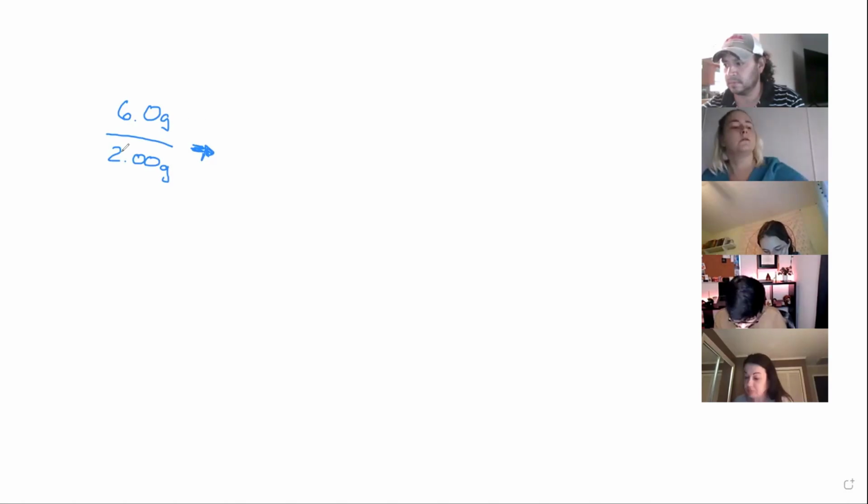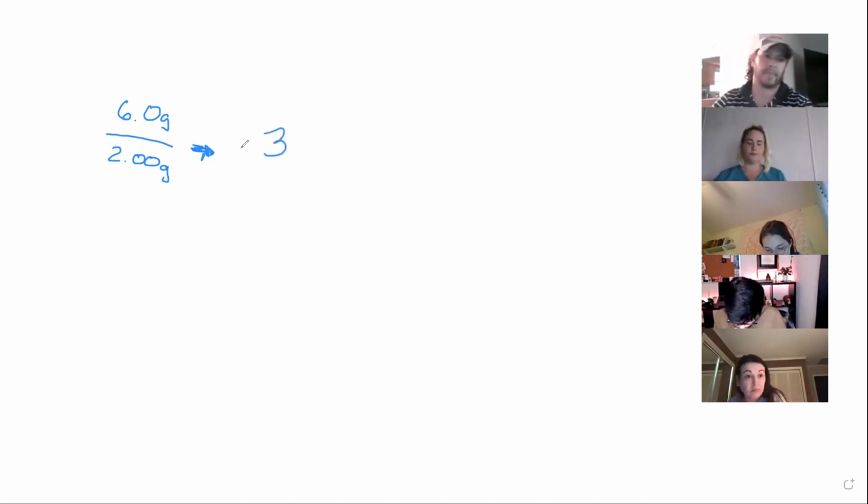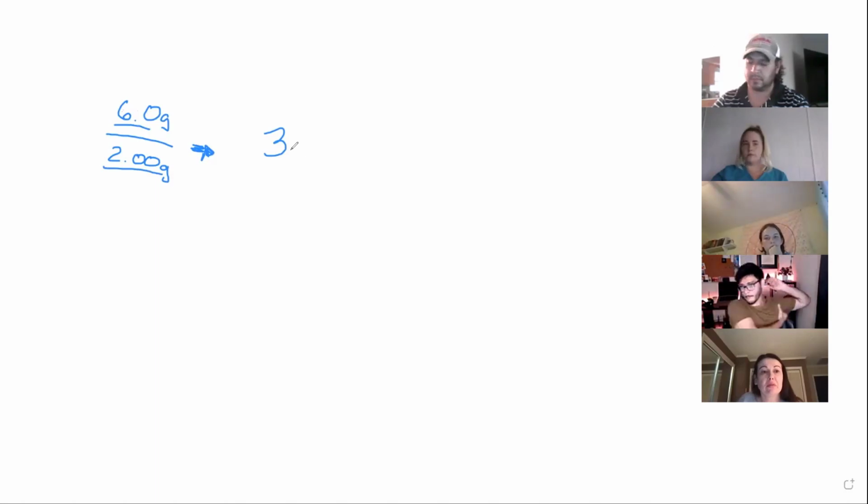Okay, so if you were to plug this into your calculator, what are you going to get? You're going to get a value of 3. But how many significant figures do we need? We need 2. 2 sig figs here, 3 sig figs here. We have to have 2 sig figs. So how do I make 3 with 2 sig figs? I add a 0. If you ever need to create more significance, throw some zeros at the end.